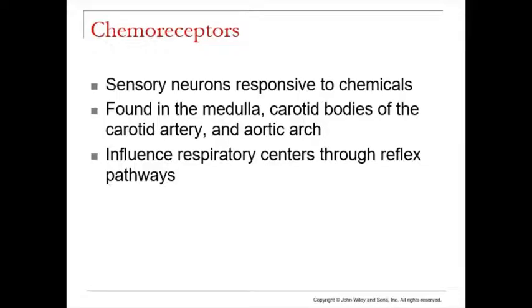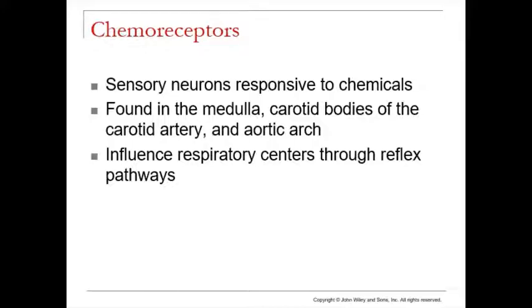We call them chemoreceptors. And you have a lot of these chemoreceptors in the medulla. That's how the medulla could tell if your carbon dioxide levels get too high, because they literally have chemoreceptors to sense that chemical. But you have chemoreceptors in other places. There are chemoreceptors in the medulla for obvious reasons, but you also have chemoreceptors in your carotid arteries and even in the arch of the aorta.